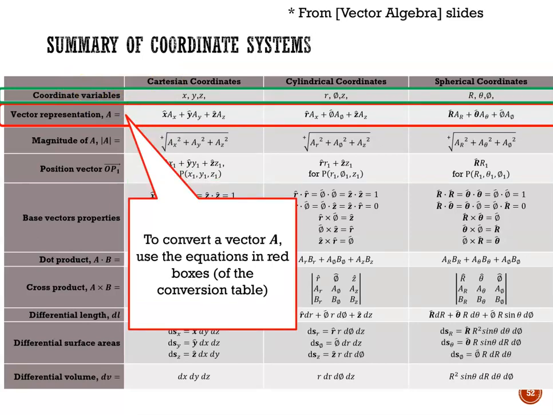And then whenever you want to convert a vector A, use the equation in the red boxes of the conversion table, which is the second row here, the vector representation. Whether you want to change from Cartesian to cylindrical, or from cylindrical to spherical, or from spherical to Cartesian, or vice versa.